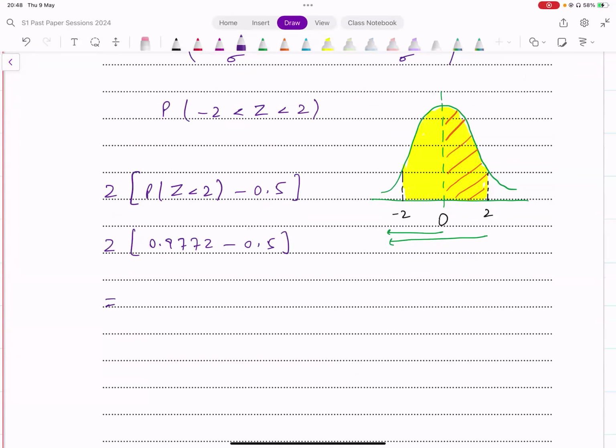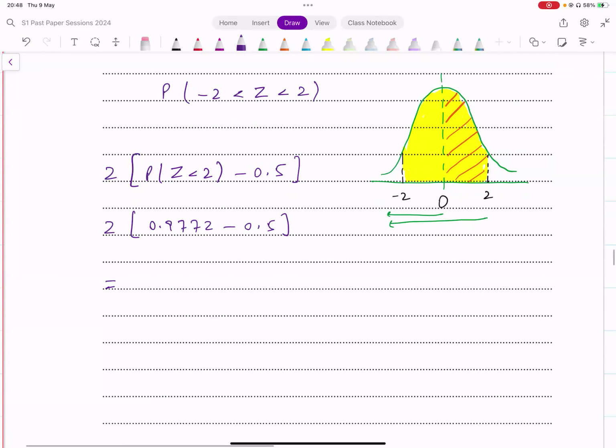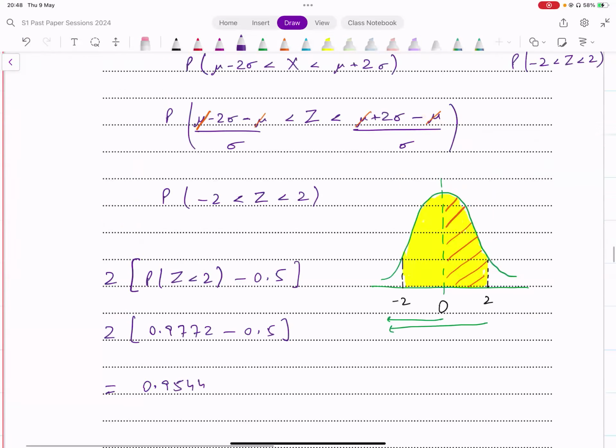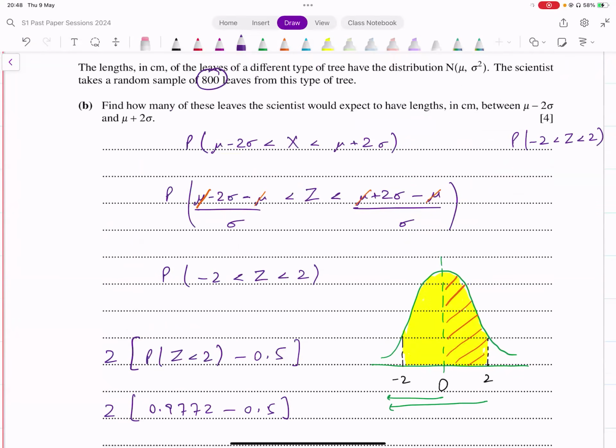Okay, 0.9772 minus 0.5 multiplied by 2, and that's giving me 0.9544. That's the probability of one leaf satisfying this condition, that the length is between mu minus 2 sigma and mu plus 2 sigma.